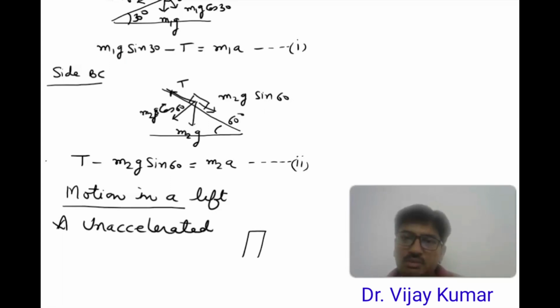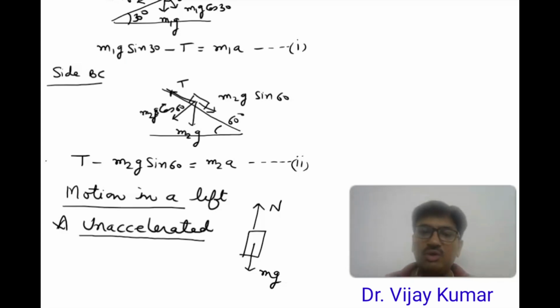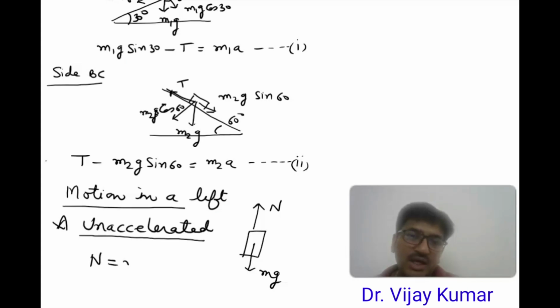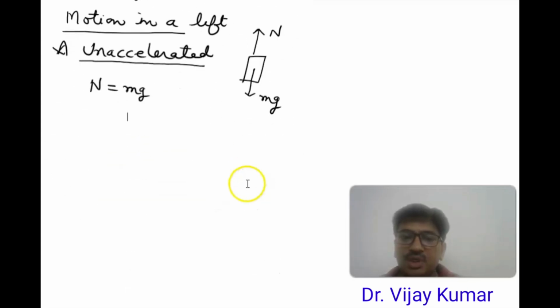Suppose this is a person, then normal force acts in the upward direction and weight acts in the downward direction. If the lift is moving unaccelerated either upward or downward, then the weighing scale measures the actual weight, as normal is exactly equal to the weight of the person.